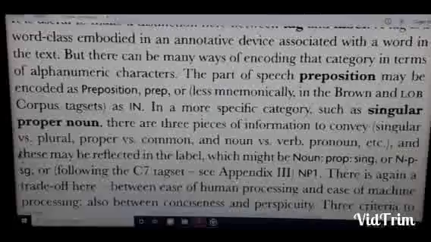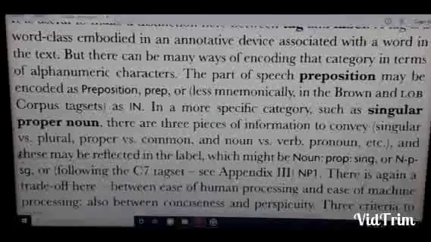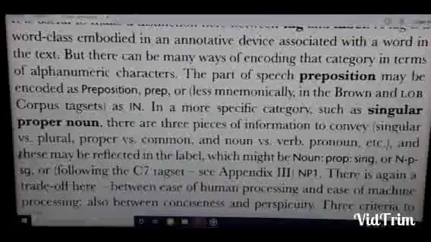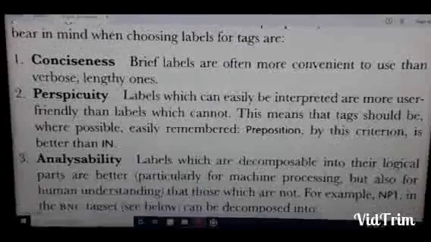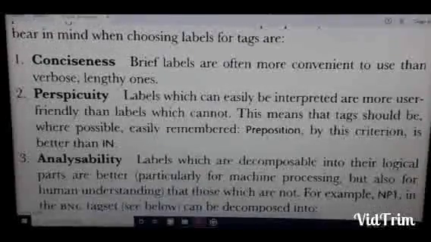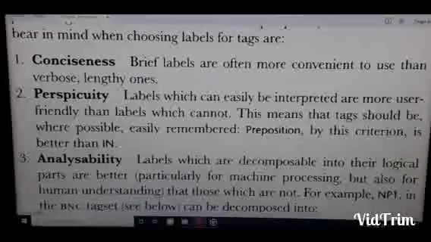There is again a trade-off here between ease of human processing and ease of machine processing, also between conciseness and perspicuity. Three criteria to bear in mind while choosing the labels of tags are: 1. Conciseness.